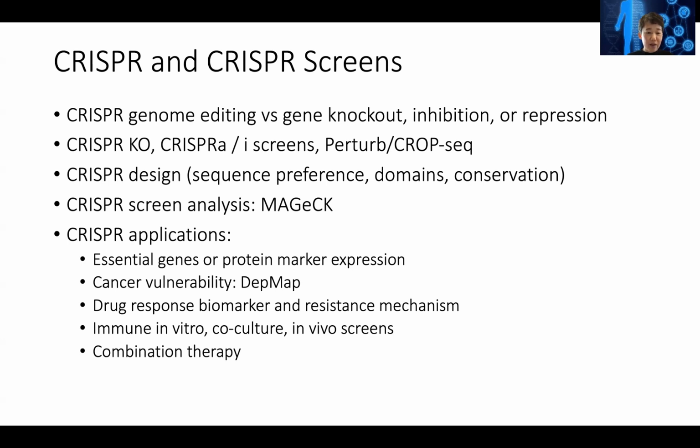And we mentioned in vitro CRISPR screens for cancer cells or immune cells, co-culture CRISPR screens of cancer cells with immune cells, or in vivo CRISPR screens where you put the cancer cells in mice with different drug treatment to look at how cancer cells respond to different immune stimulation.